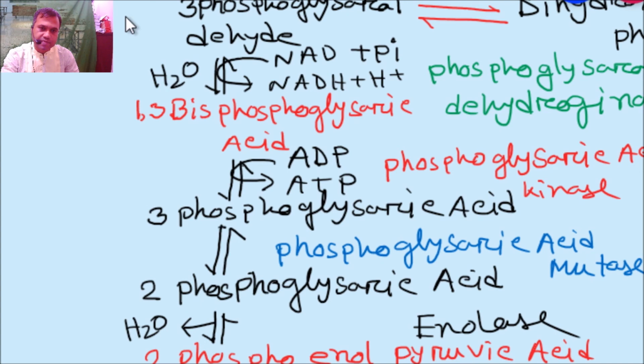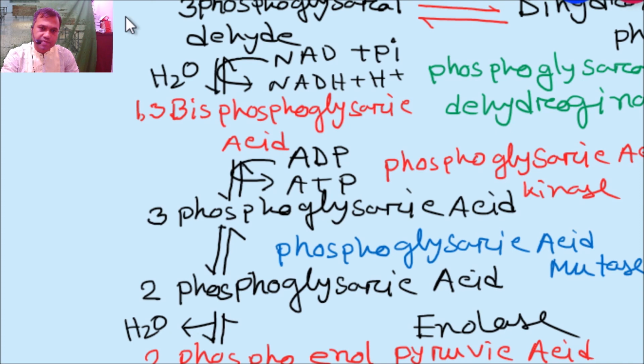In this glycolysis process, we can find that at first 2 ATP are used, and in reactions 6 and 9, 4 ATP are produced. So 2 ATP remain.